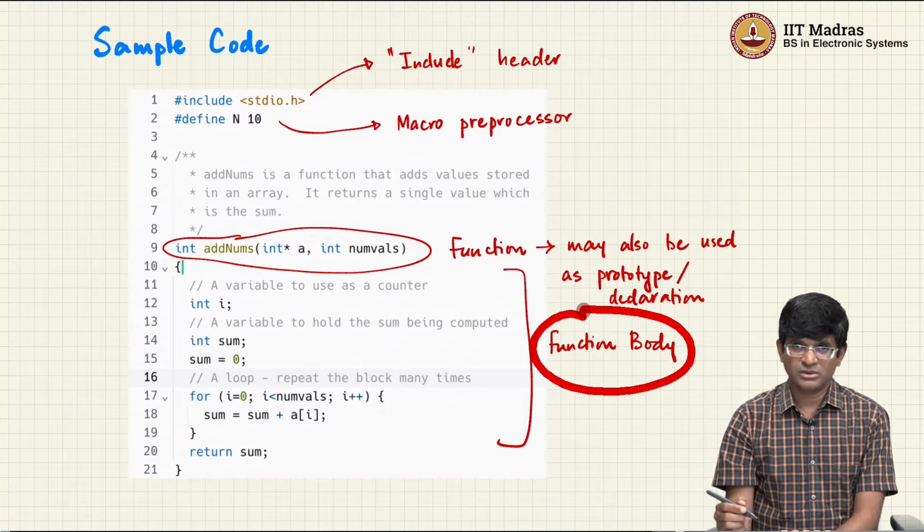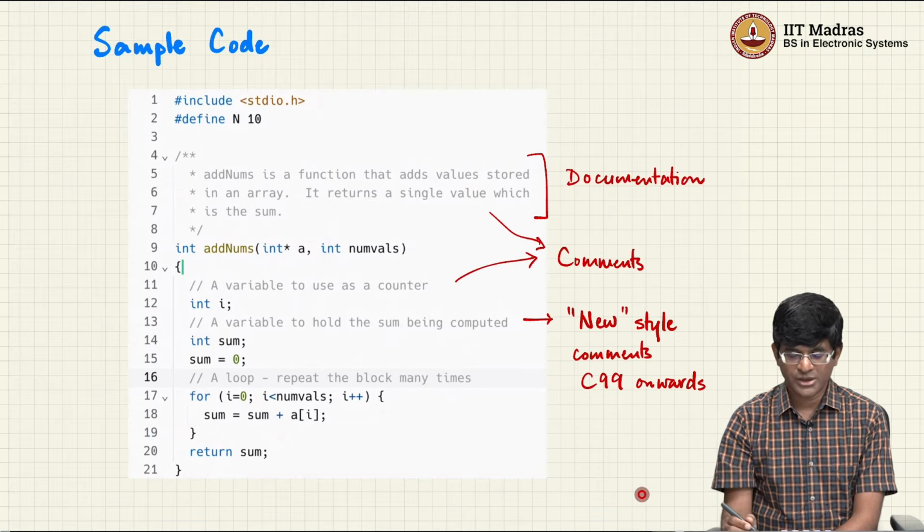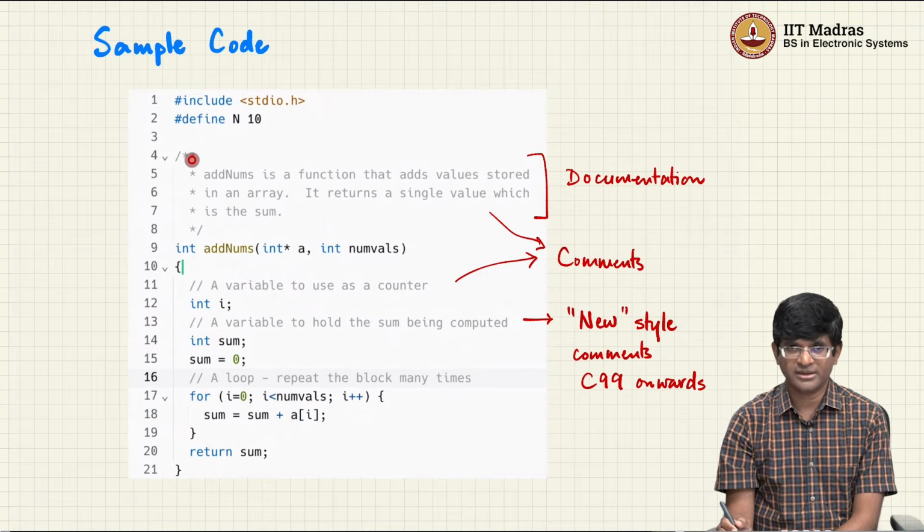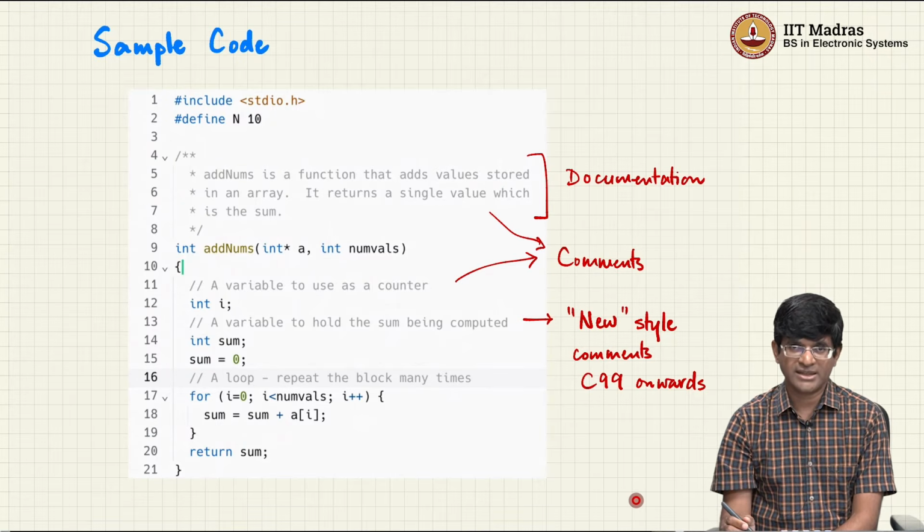The next thing that I want to draw attention to over here is that you will notice that there are these things that have been slightly grayed out by the editor. Once again, all these colors are not part of the language, they have been introduced by the editor. You probably can customize these colors to a large extent, and you could choose other colors that maybe you like better.